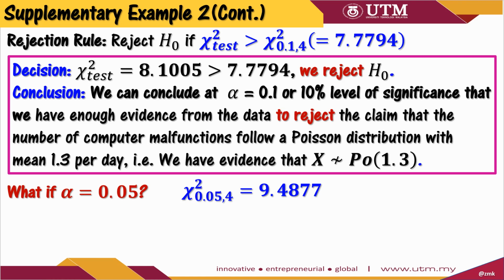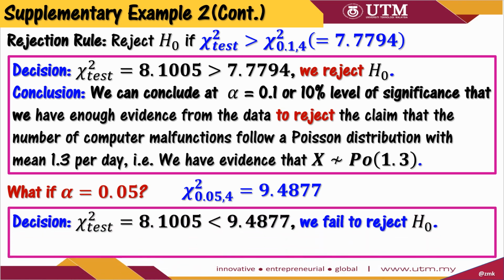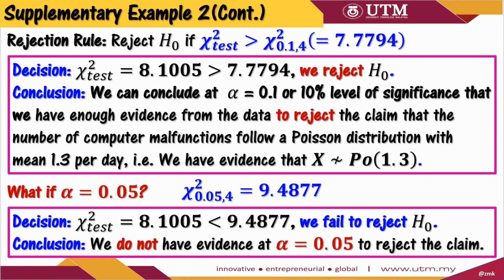Therefore, the chi-square test statistic is now smaller than the new critical value at the reduced level of significance, which indicates that we fail to reject H0 and hence change the conclusion where at the reduced level of significance alpha equal to 0.05, we do not have enough evidence from the sample data to reject the claim.